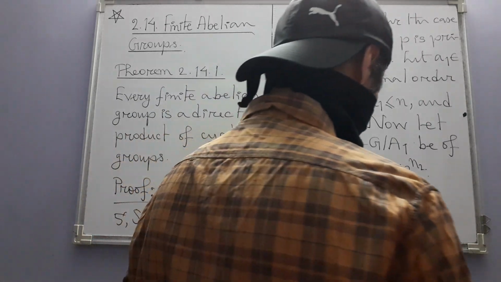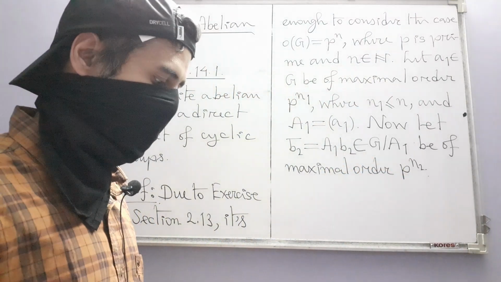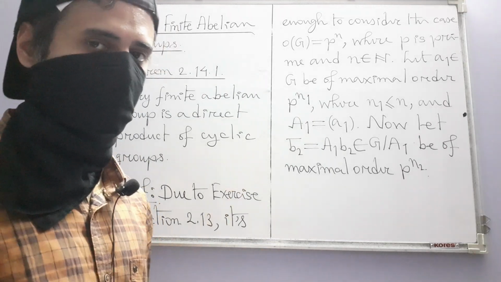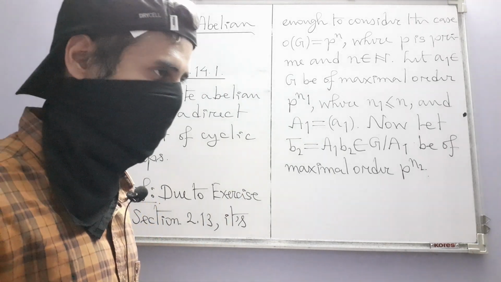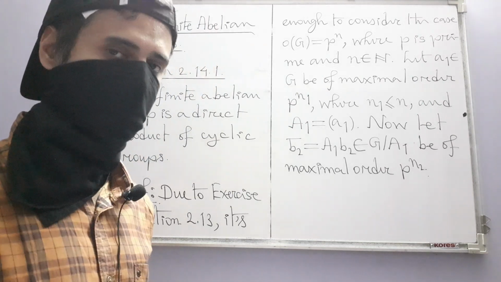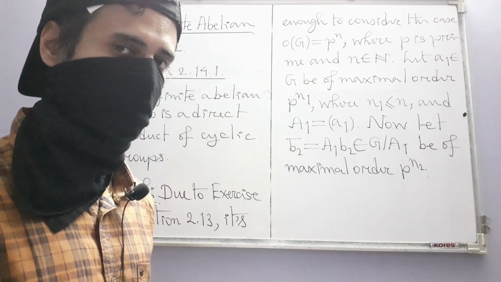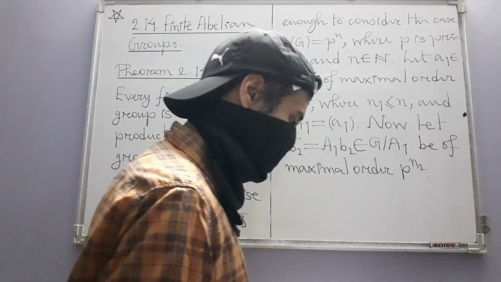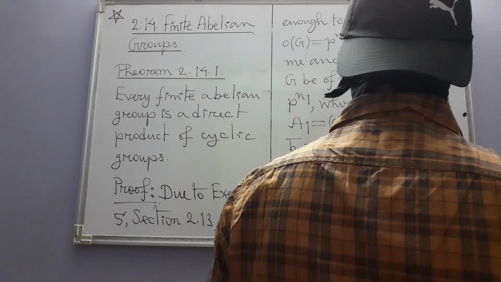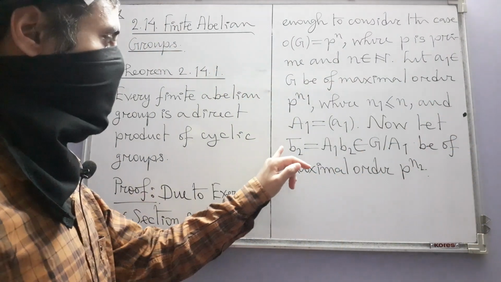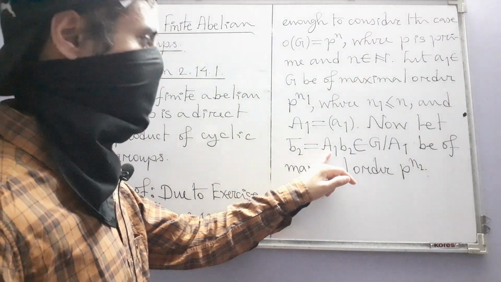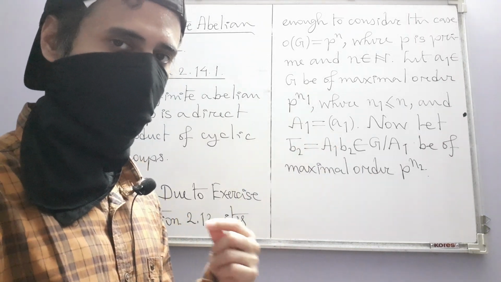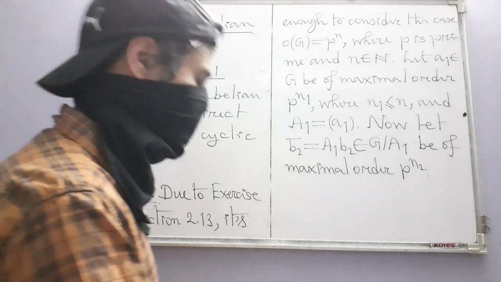Alright, now let us recall an exercise that we have already solved way back when we were studying, I think, homomorphisms, normal subgroups, those things. At that time we came across one exercise which says that the order of this coset will divide the order of b2, the element by which we are forming the coset.